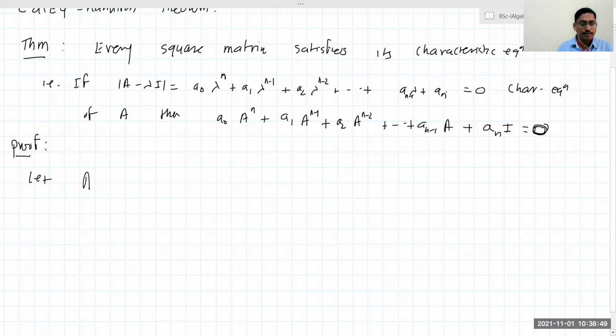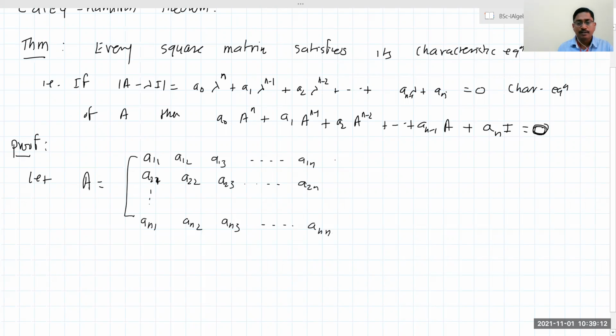Let A equal to a11, a12, a13, and so on, a1n in the first row; a21, a22, a23, and so on, a2n; and the last row, the nth row: first entry, second entry, third entry, and nth row nth entry.